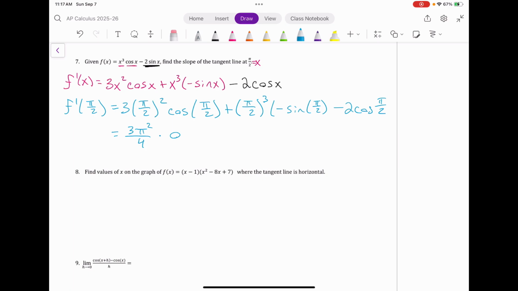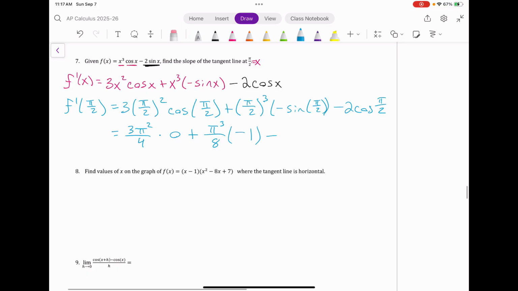Cosine of pi over 2 is 0, plus pi cubed over 8 times negative 1, because the sine of pi over 2 is 1. And then minus 2 times 0. Okay, so let's see, what does that leave us with? Those terms zero out, so it ends up just equaling negative pi cubed over 8 is the slope of that tangent line.